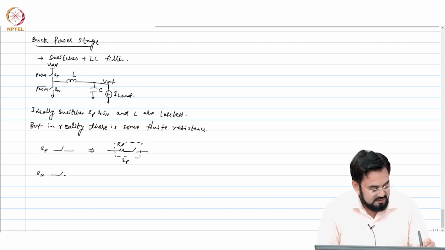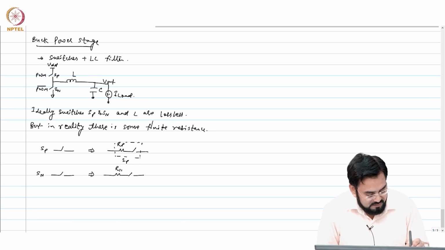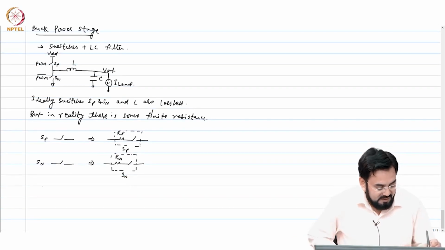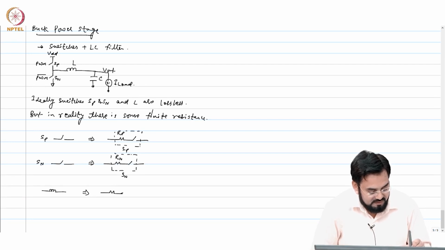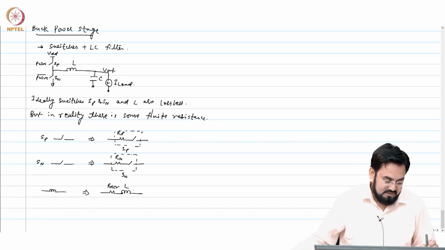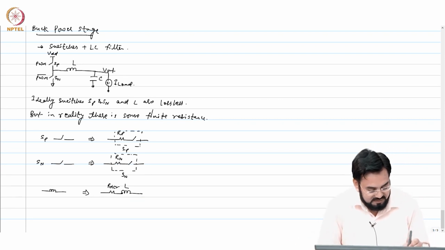SN you model with RN. And the inductor you model as a lossless inductor with series R, and we usually call it RDCR, the DC resistance of the inductor.